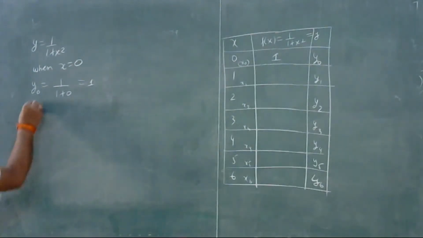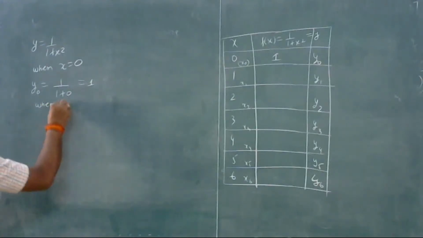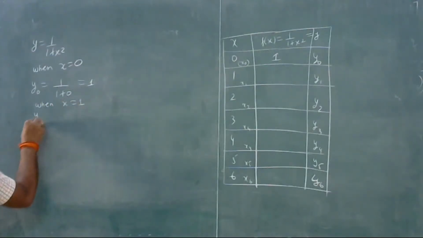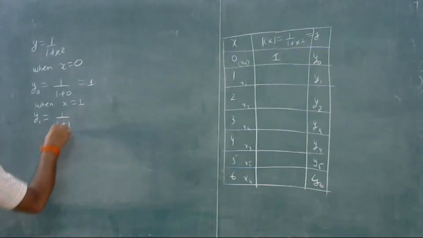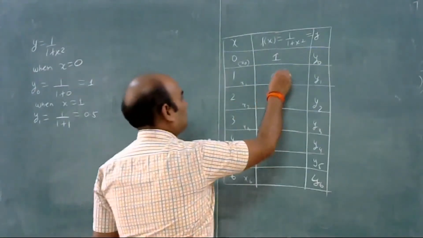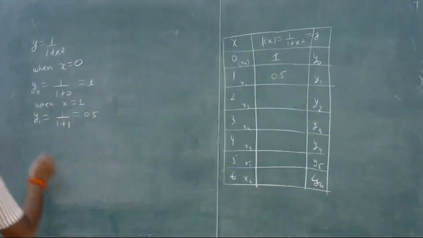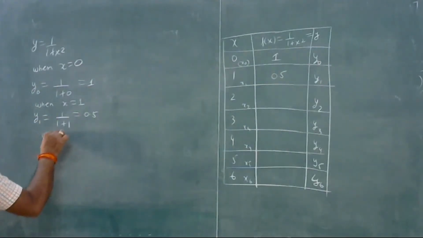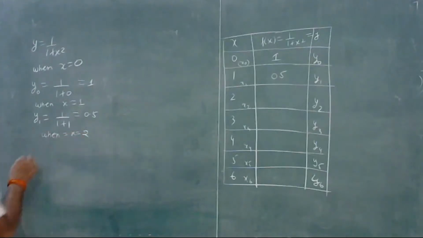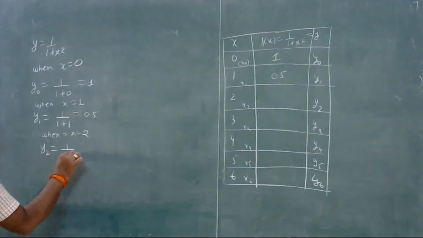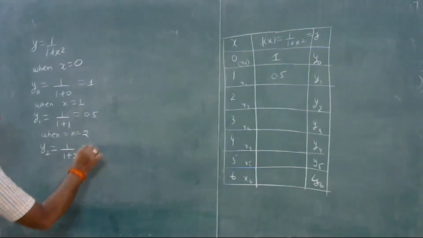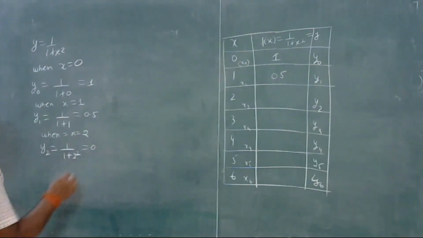Next, when x is equal to 1, y1 is 1 upon 1 plus 1, so this will be 0.5. Similarly, when x is equal to 2, y2 will be equal to 1 upon 1 plus 2 squared, 1 upon 5. This is 0.2.